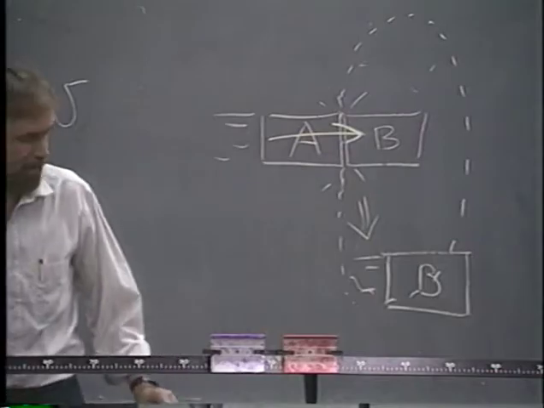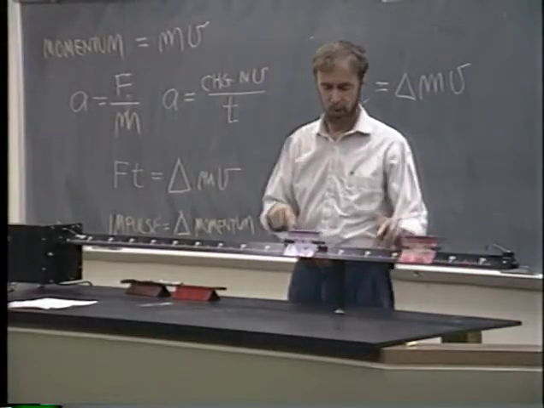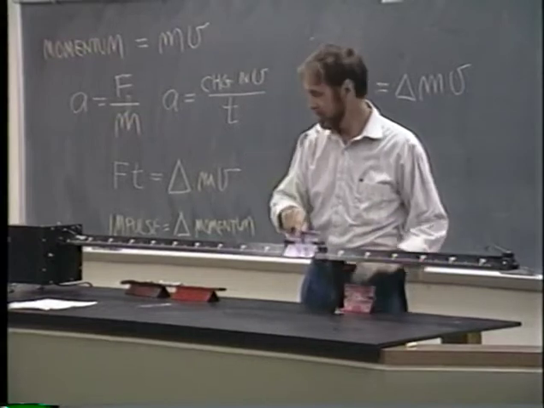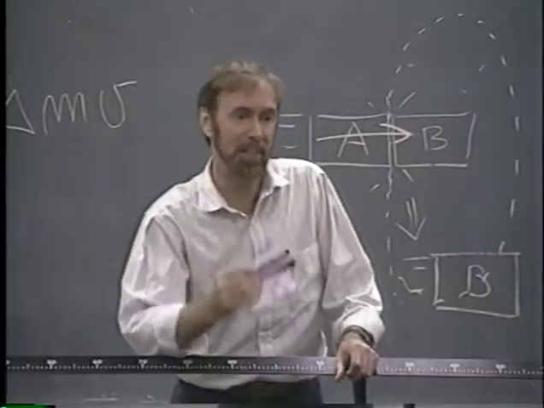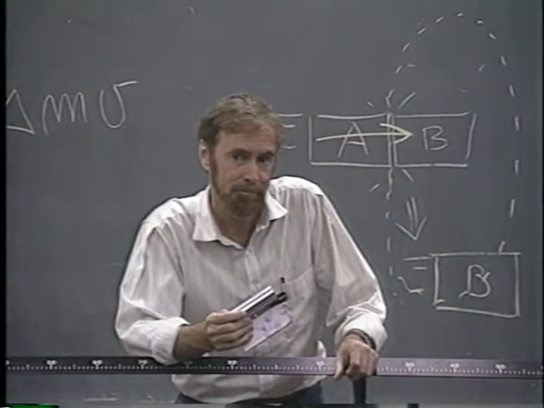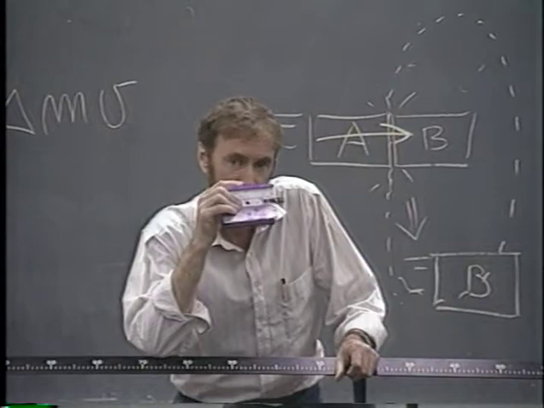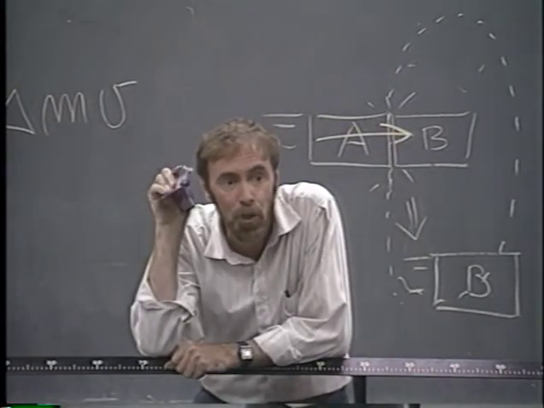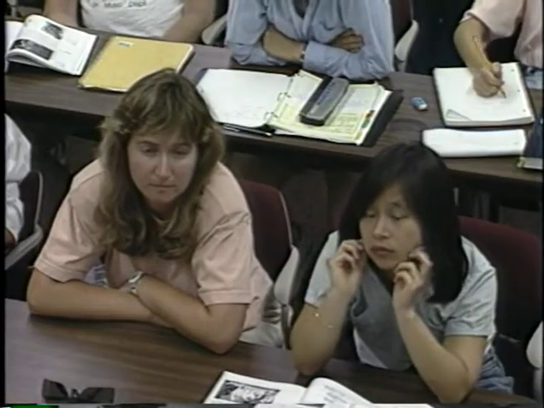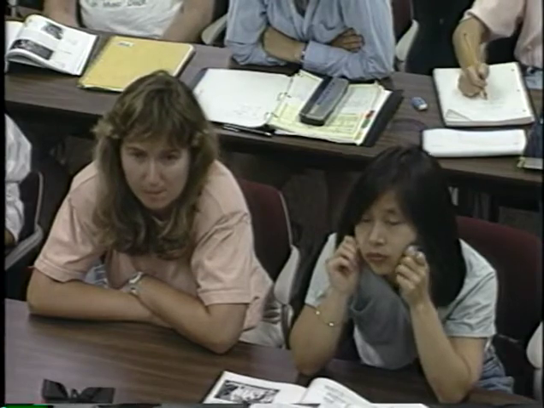Let me show you again. Why did object A slow down to a dead stop? What slowed this down? To say it slowed down is to say there was a change in momentum. True or false? True. And if there's a change in momentum, there has to be, true or false, an impulse. True. And did you see an impulse act on this?